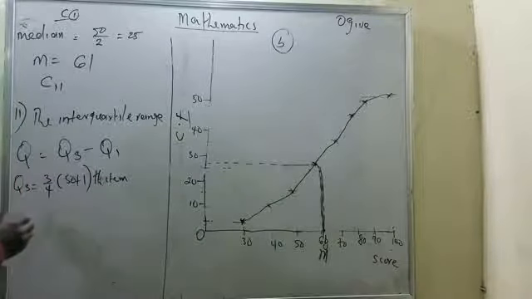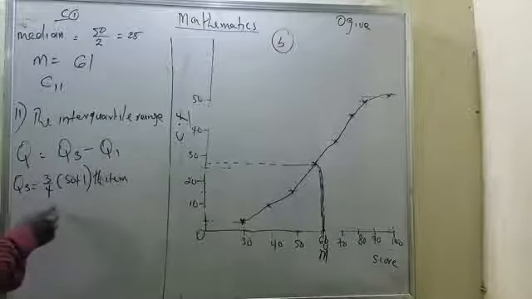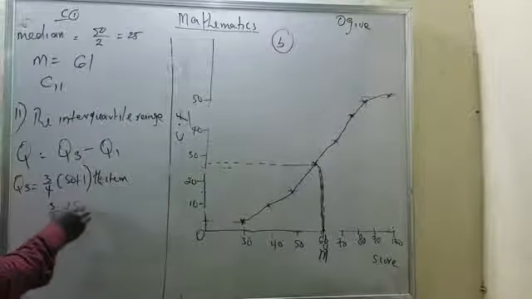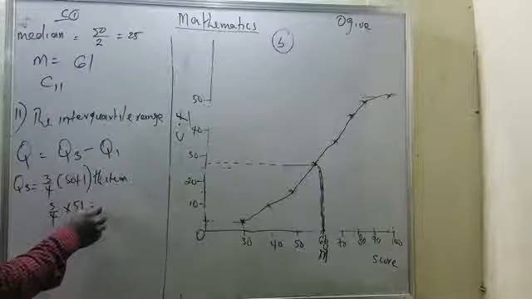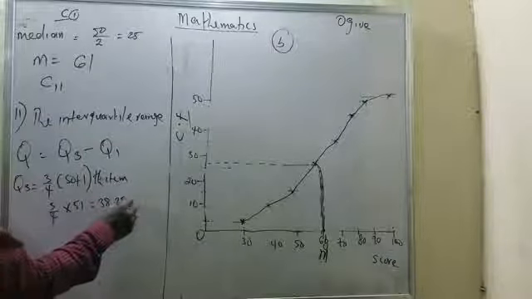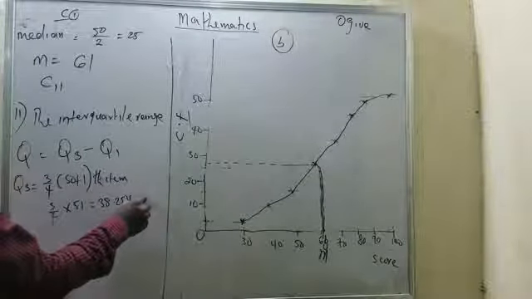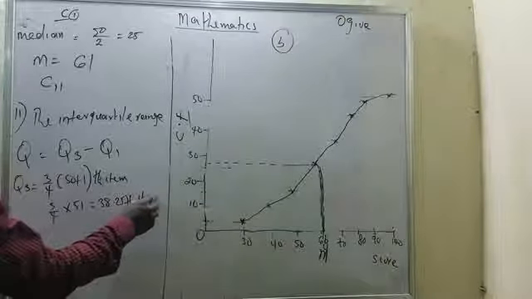Now, it will be 3 multiplied by 51 over 4, which is 38.25 position, the item.